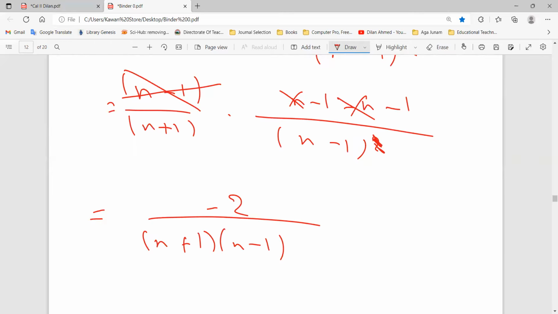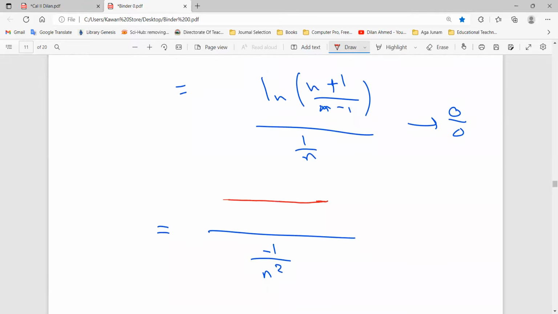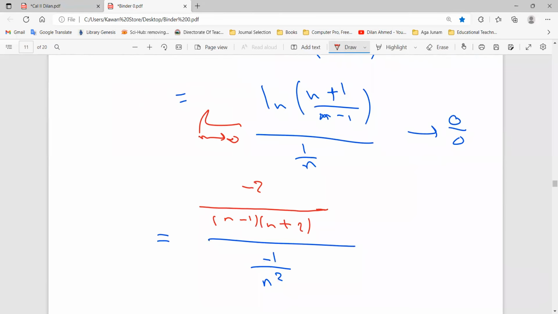So that's why I'm going to write in here. Do you have any problem? Understood why? Okay. Then we take the limit for both sides.